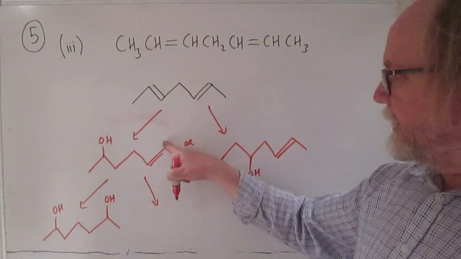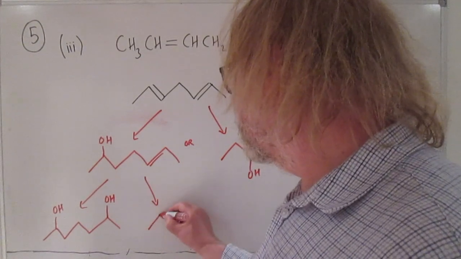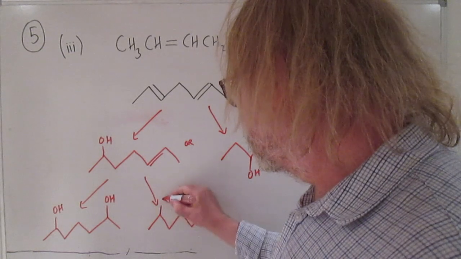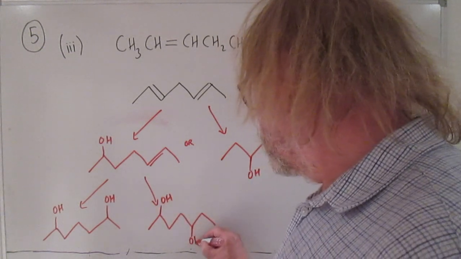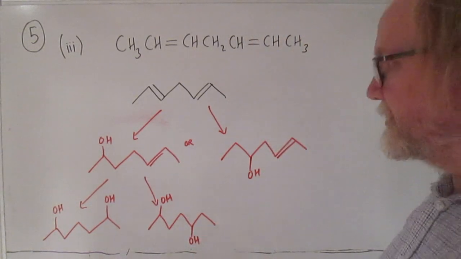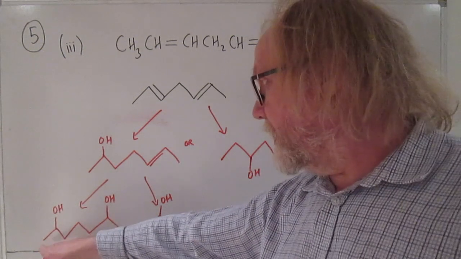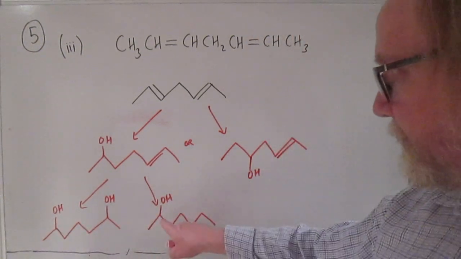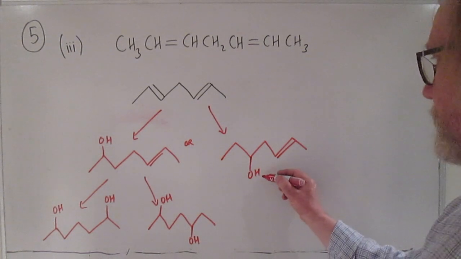Okay, if we had the OH to that end and the hydrogen to here, or if it adds the other way around. Or we could add the OH to this end, which would give you that product. So you can see here we've got heptan 2,6 diol, whereas here we've got the 2,5 diol, so they're different compounds.